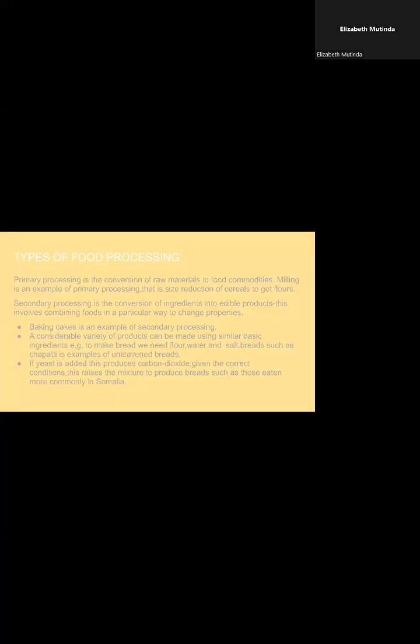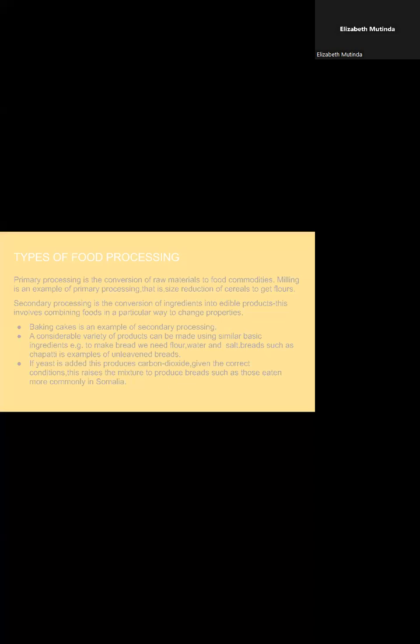We do have various types of food processing, and one of them is what we call primary processing, whereby it aims at making the food to be edible. Like in a situation whereby we process milk to pasteurized milk, that is an example of a primary processing.